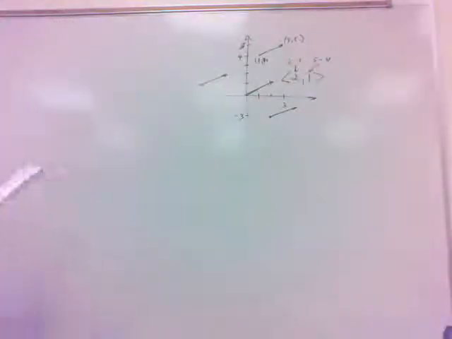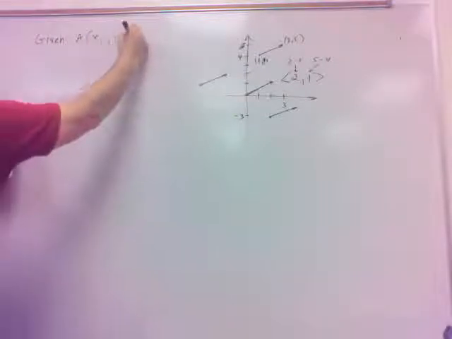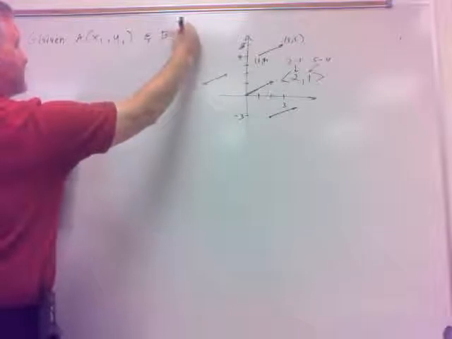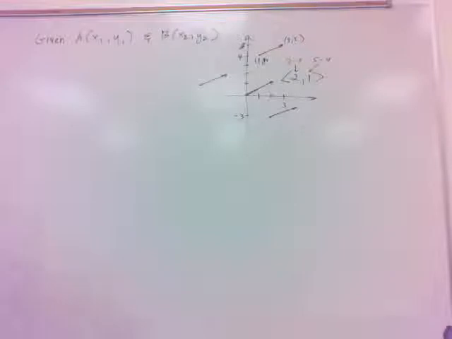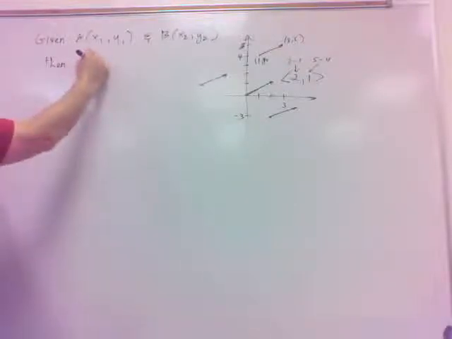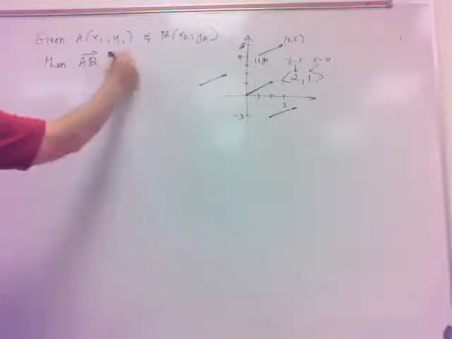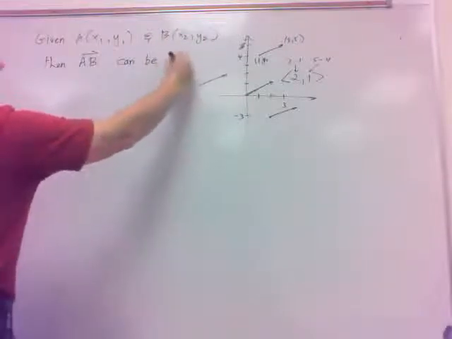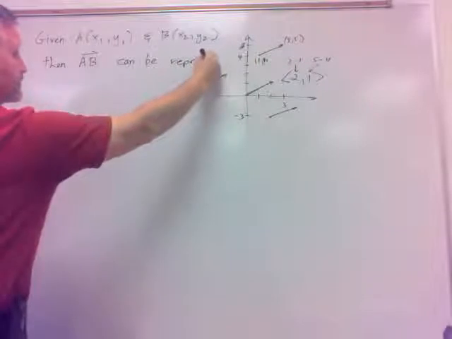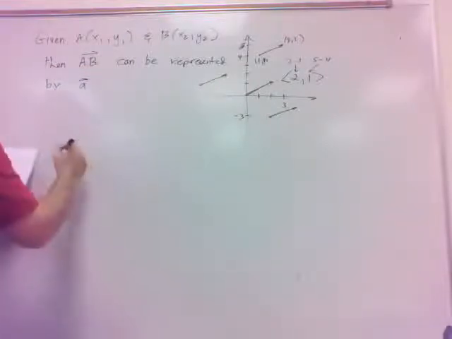Okay. All right. So given A is x1, y1, and B is x2, y2, those 2 points, then the vector AB can be represented by our 0 origin vector A, A1, A2.